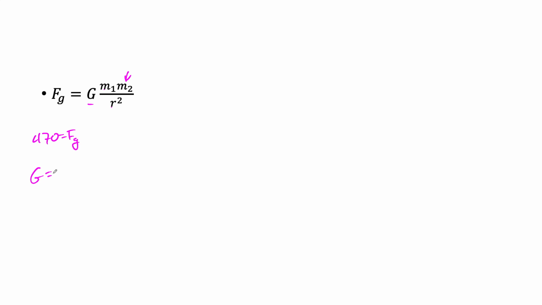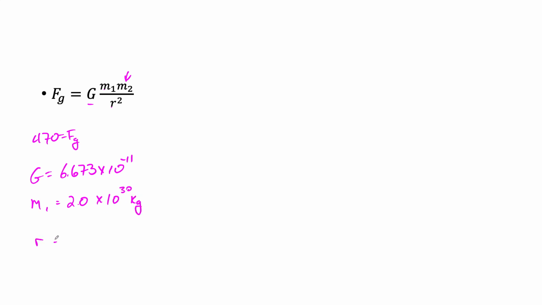You'll get this on your test. Let's see. G is 6.673 times 10 to the minus 11th, and we have all those units that we're not going to worry about at the moment. Mass of 1 is that 2.0 times 10 to the 30th, in kilograms.